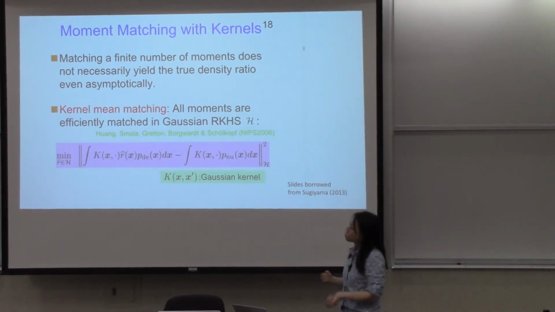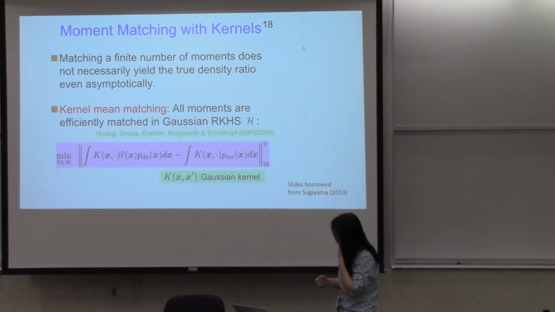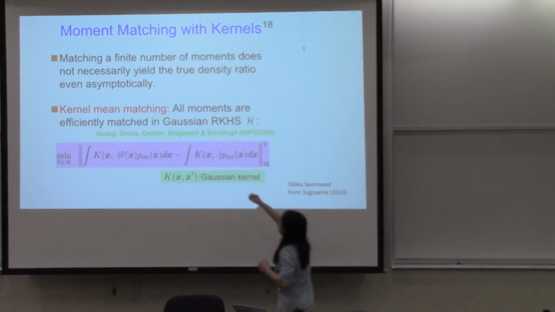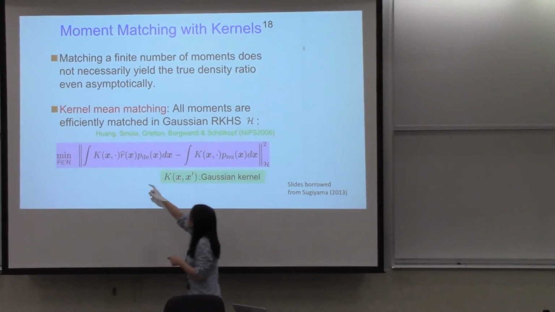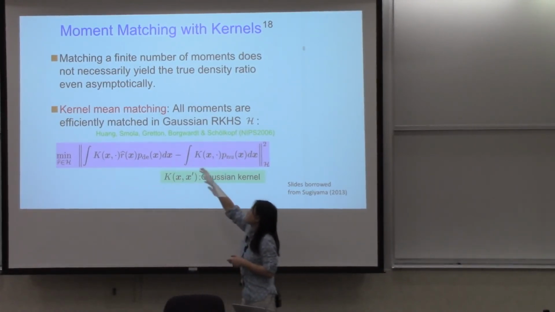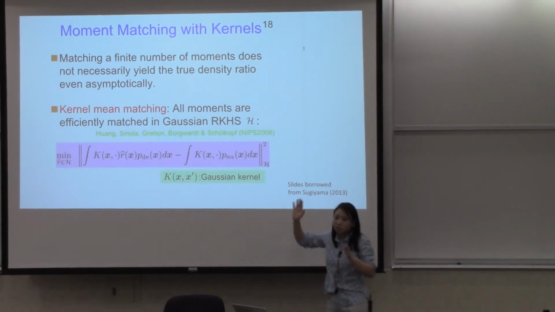So that's why we want to use kernels. If you have Gaussian kernels or universal kernels, then instead of x, you have a kernel function here and a kernel function here. Then we can prove that if this matches, then asymptotically this ratio is correct.